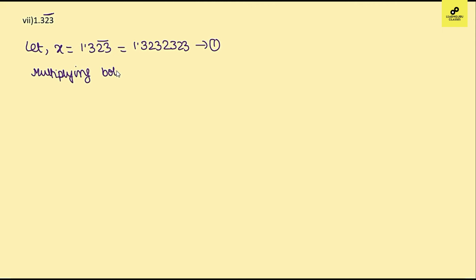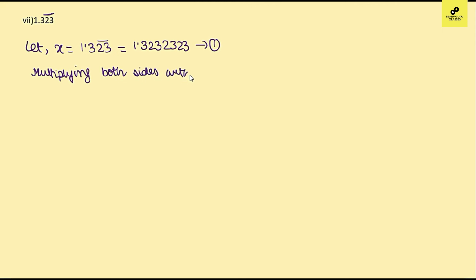The next sum is 1.323 bar. Okay, so here if you notice carefully, 23 is under the bar. So let x equal to 1.323 bar. Okay, so this can be written as 1.3232323, equation 1. So multiplying both sides with what?